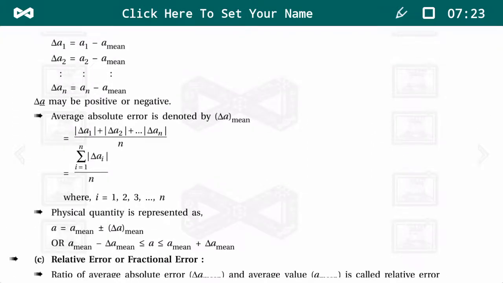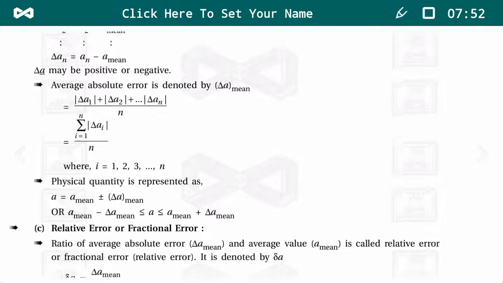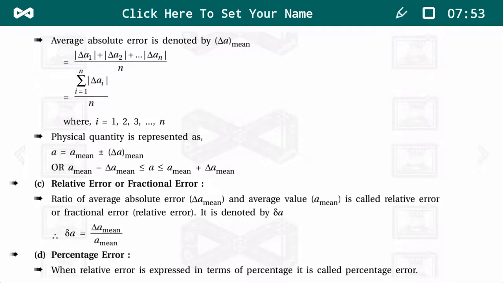You subtract delta A mean from A mean and add delta A mean to A mean, so your true value lies between the subtraction and addition of these values. And relative error is delta A, which is delta A mean upon A mean.